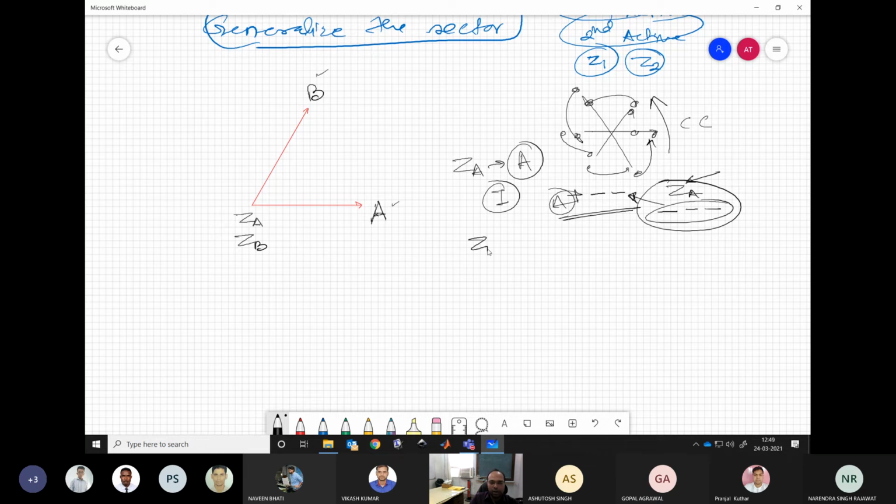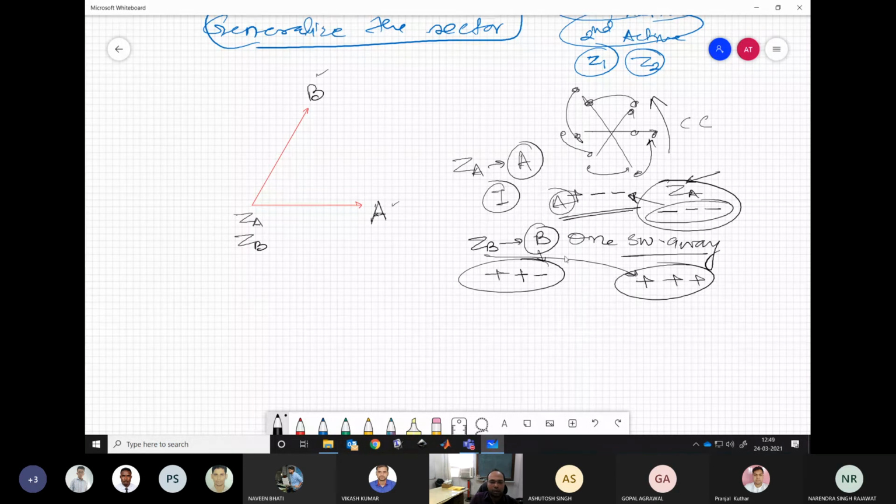And similarly, ZB is something which is one switching away from B. So if I have sector 1, my B vector is plus plus minus, and then my ZB will be plus plus plus. Understanding my point?